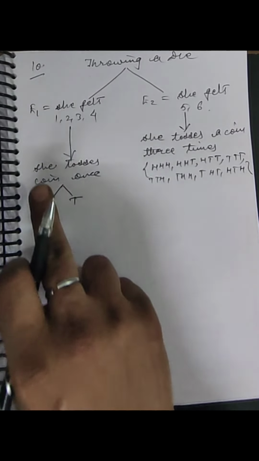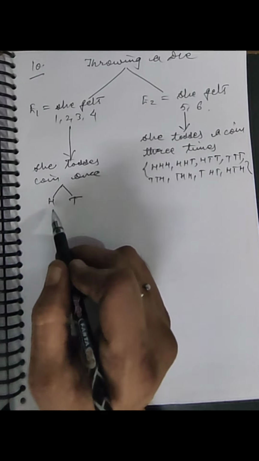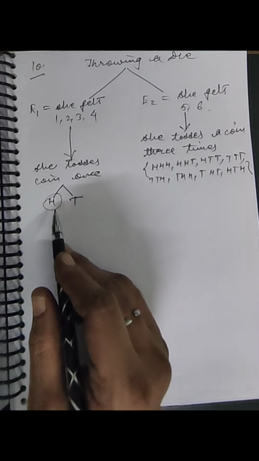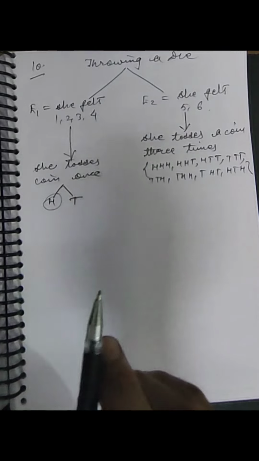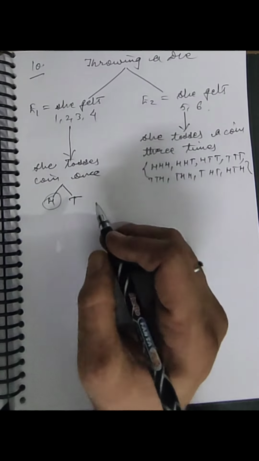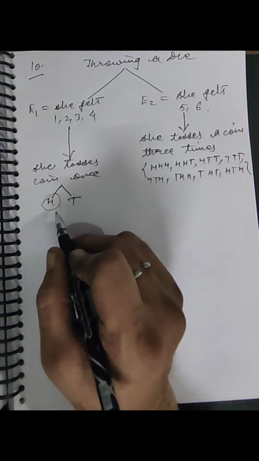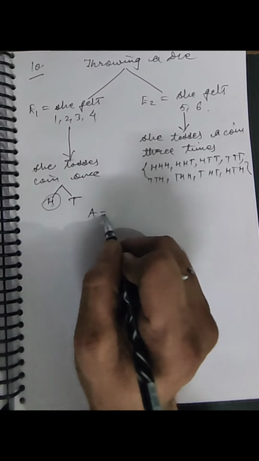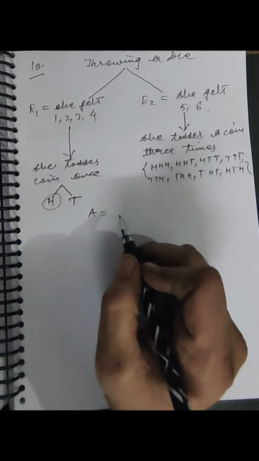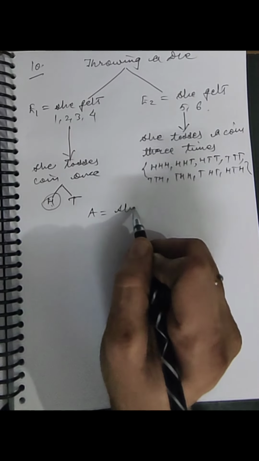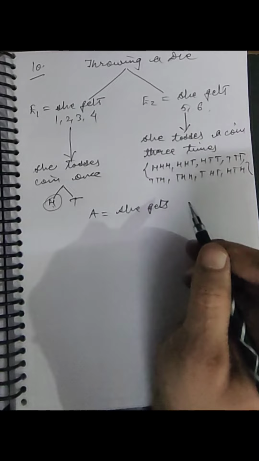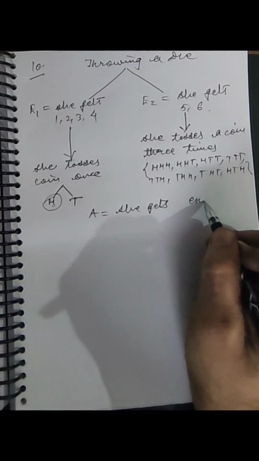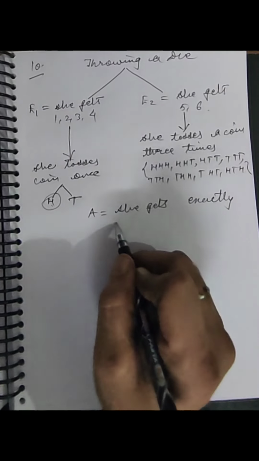Now in every case we have one condition which is common in all the events. Here we have to focus on exactly one head, and in general when I explain, I consider this event as A, which is a common condition in both of them, that finally she gets exactly one head.